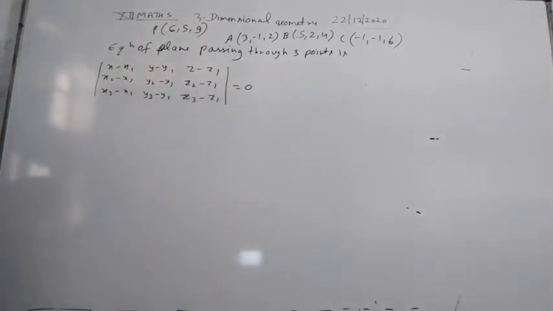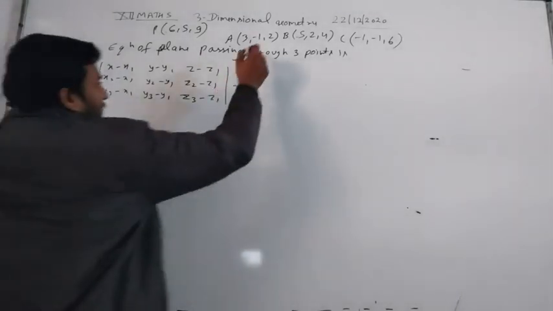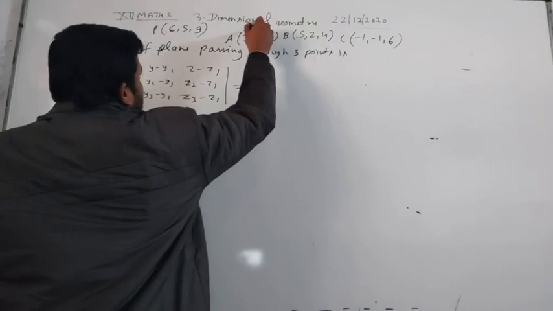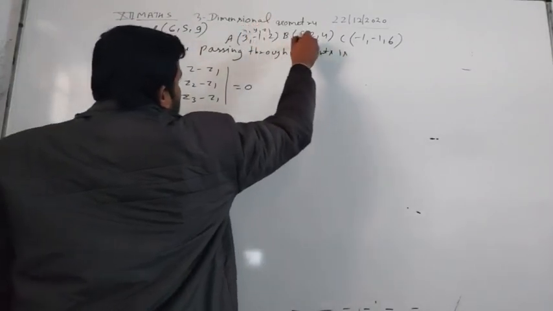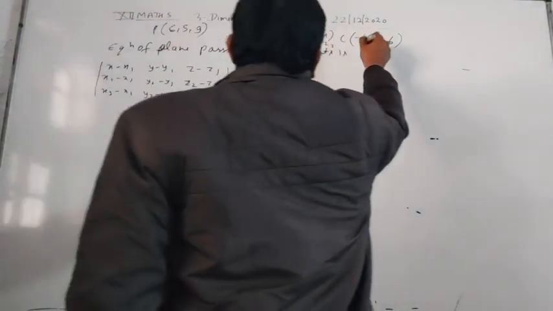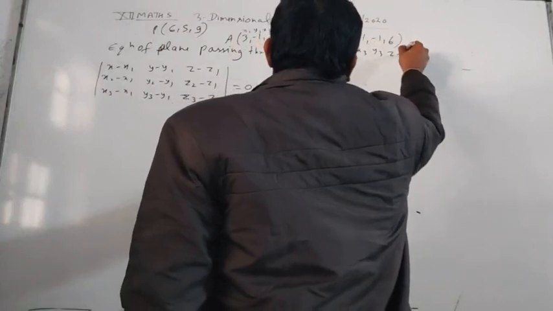Okay, student, and the 3 points are (x1, y1, z1), (x2, y2, z2), (x3, y3, z3).